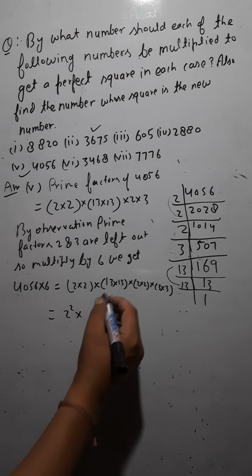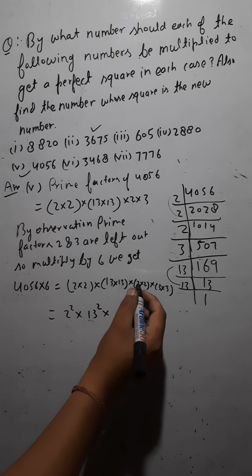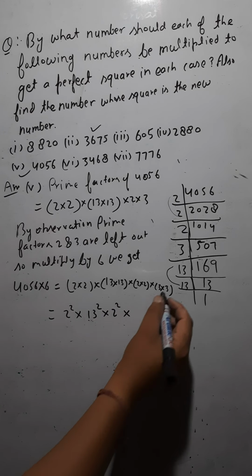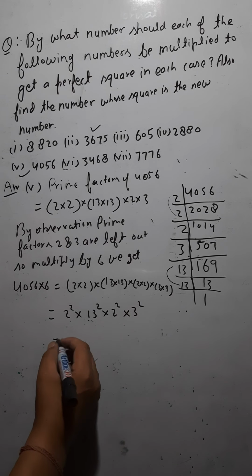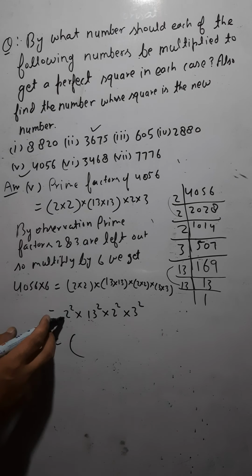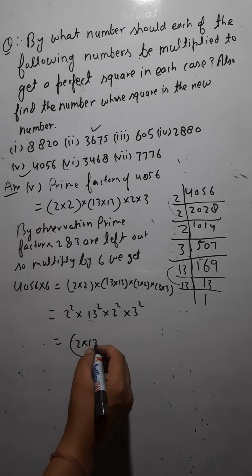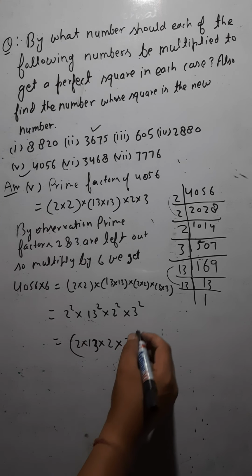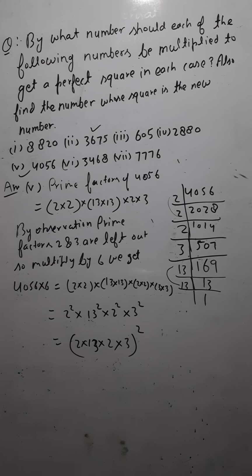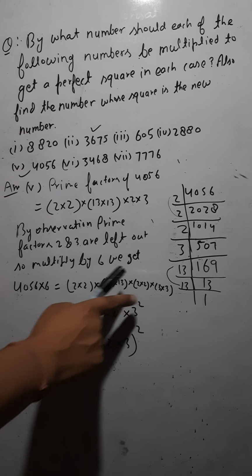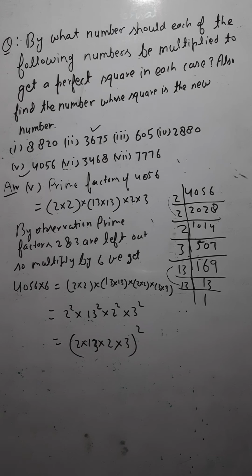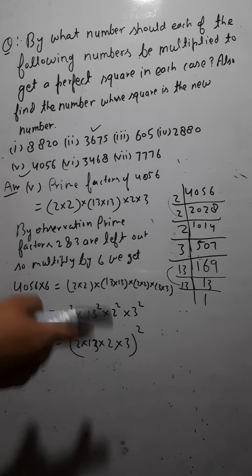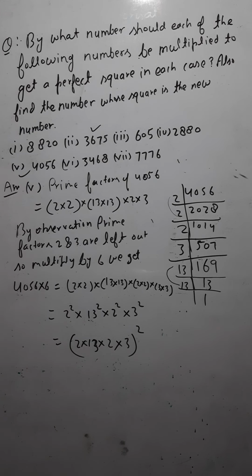Square of 2, square of 13, square of again 2 there, then the square of 3. So you can write it all together as 2 multiply 13 multiply 2 multiply 3, whole square, because the base is different but the power is same. If power is same, then you can write them together. Are you getting this? We have already discussed that in the previous chapter. Okay, so if you multiply, how much are you getting?